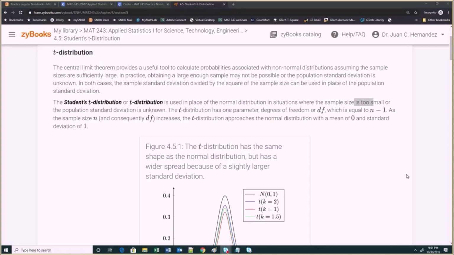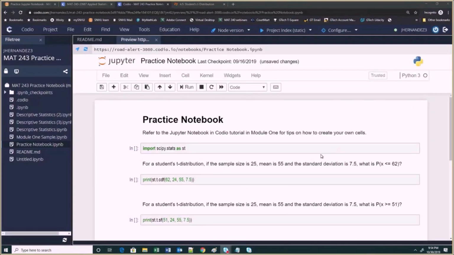So let's do some examples, and you'll see that the Python methods for students' t-distribution are very similar to the normal distribution. So just as long as you know which distribution you're using in different problems, you'll know exactly what functions to use. Let's now do some examples for students' t-distribution.